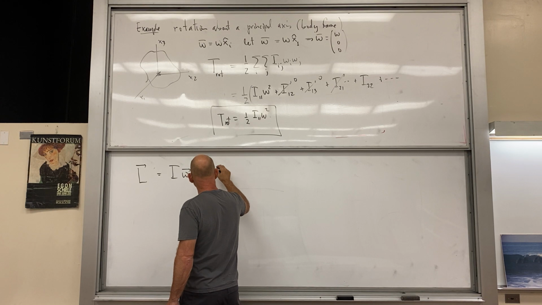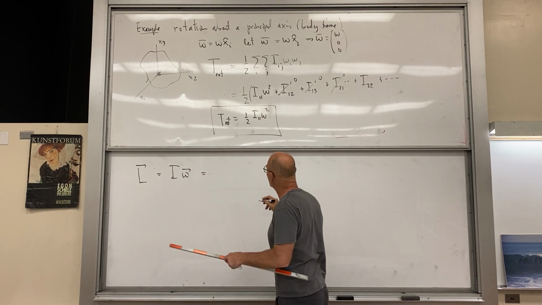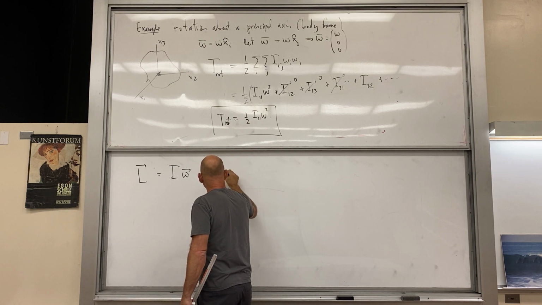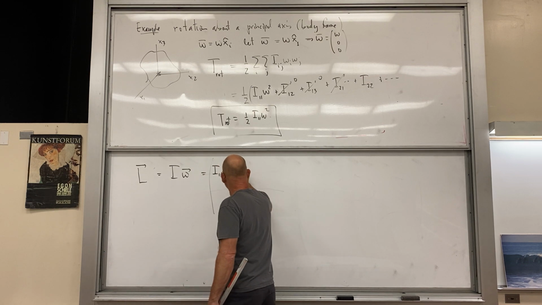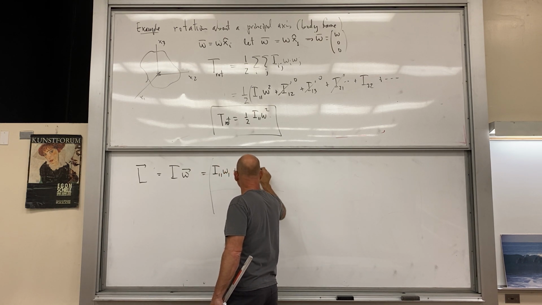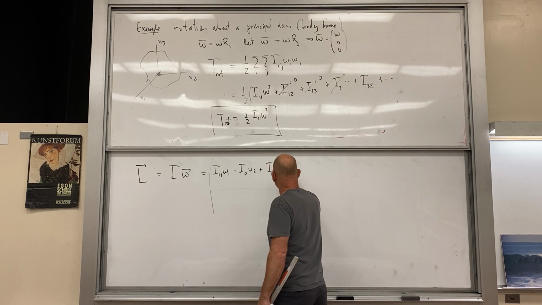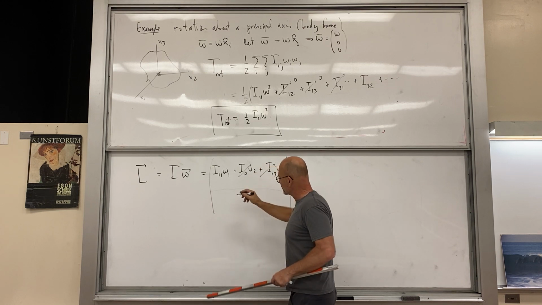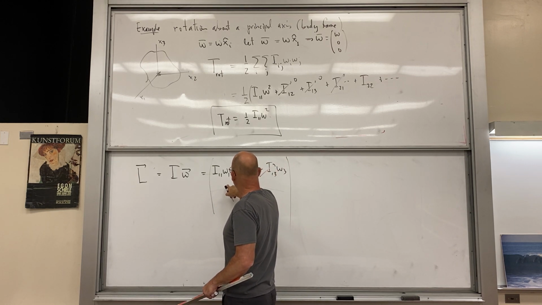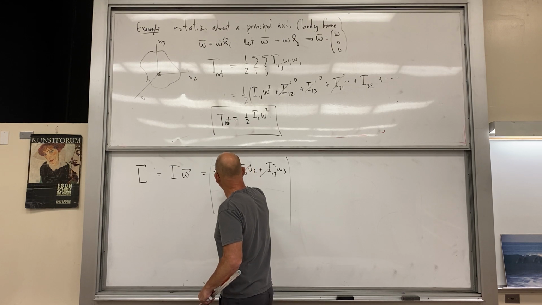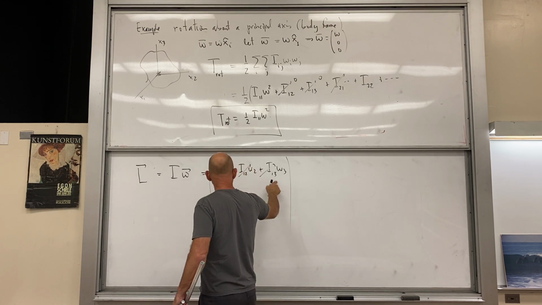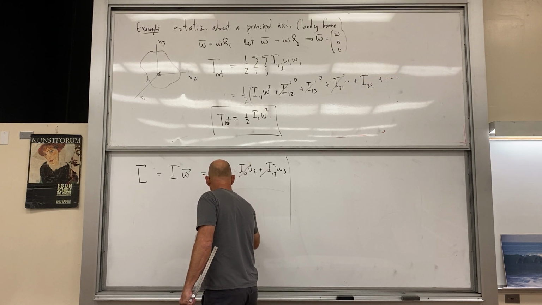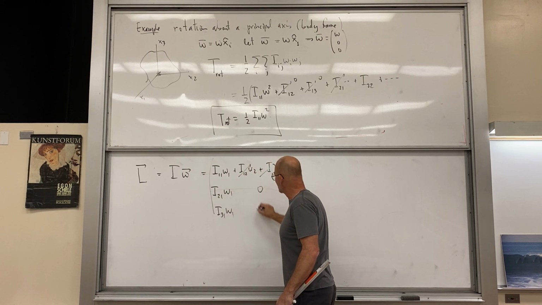So the first row times that column there is I11 omega 1 plus I12 omega 2, I13 omega 3, but of course those vanish, okay? So I'm writing out a vector, of course. So I21 omega 1, that's fine. I22 omega 2, so we're going to end up with I21 omega 1, I31 omega 1. Okay, these are all zeros.